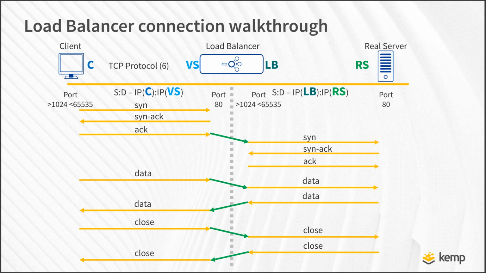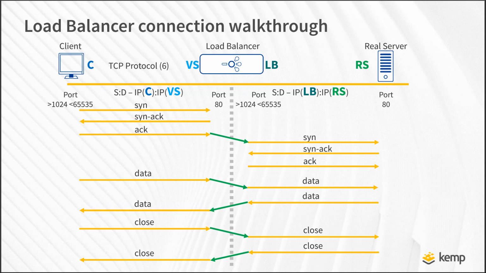SYN, SYN-ACK, ACK. The client sends a SYN, server sends a SYN-ACK, and then the client sends an ACK to acknowledge that, to say, yes, we're ready to establish a connection to make it happen. You can see the load balancer does not do anything to the server until that handshake is done. When that handshake is done, then the load balancer will make that full three-way handshake to the real server itself.